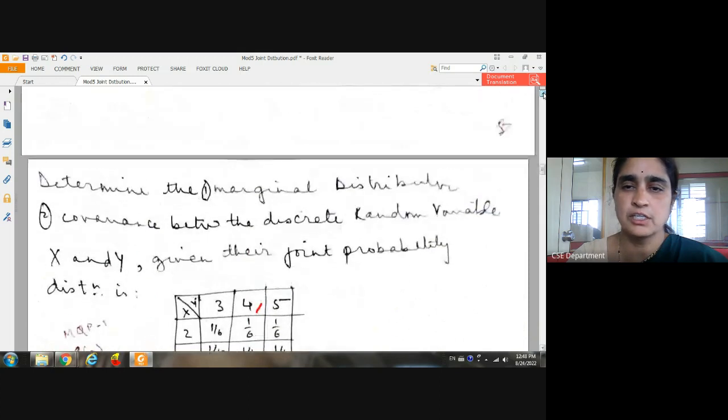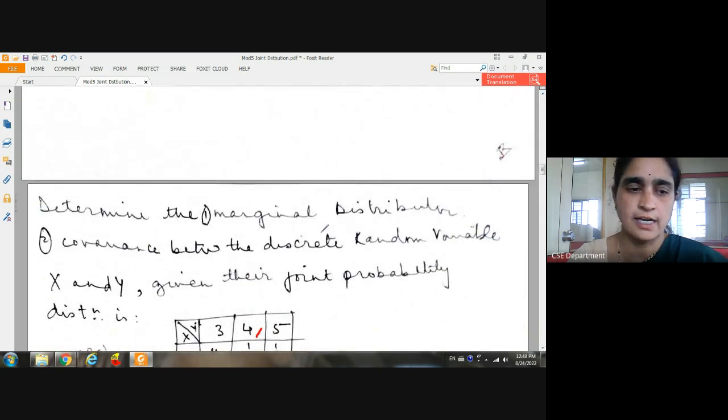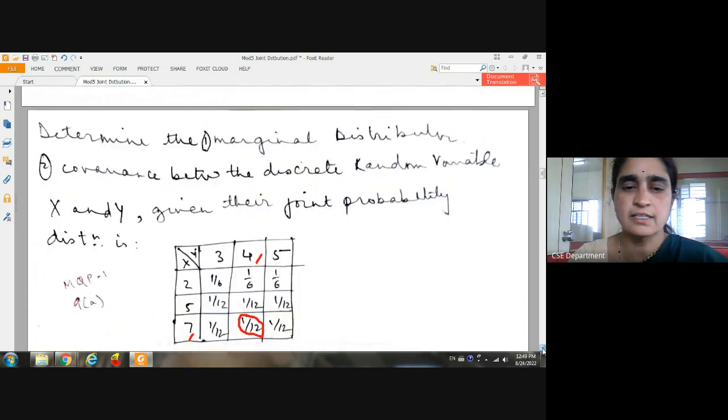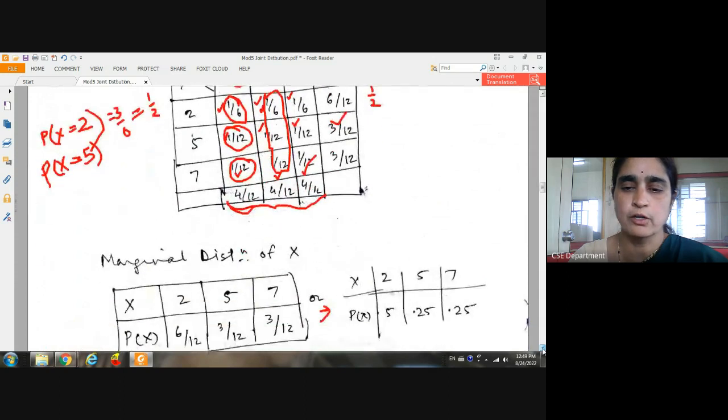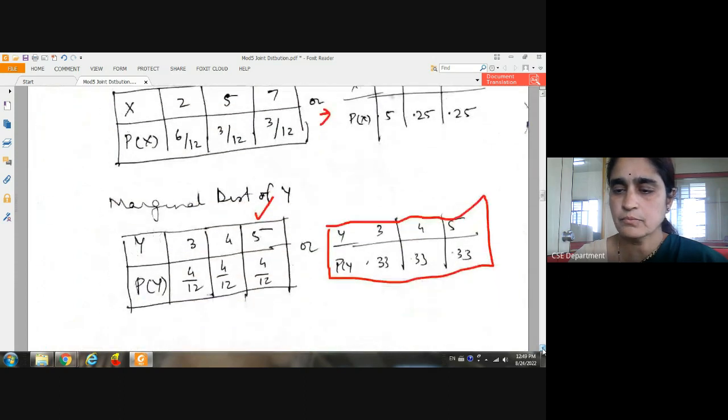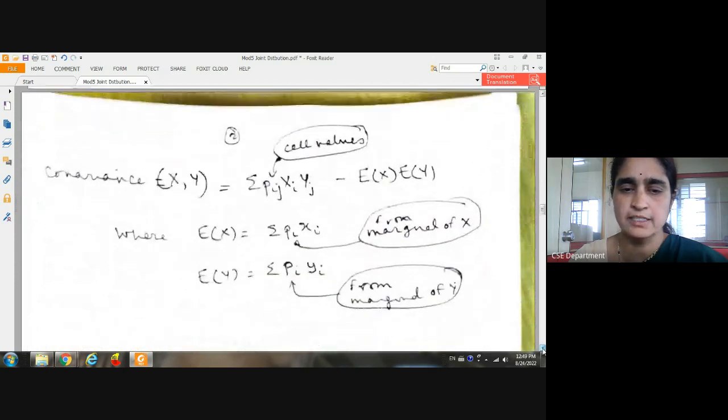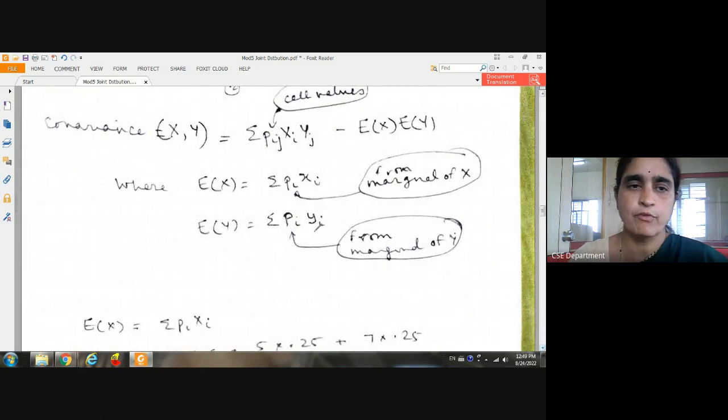Find the marginal distributions. Next part, find the covariance between the random variables x and y. So covariance we have to find. This is also very easy. There is a formula, you just have to substitute. So let us see what this formula is. This formula is the following.